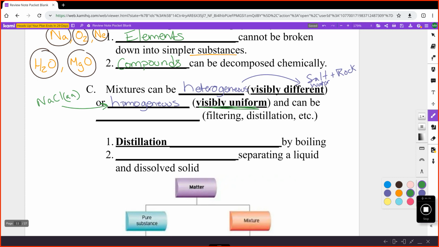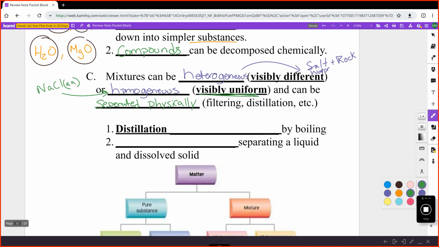And because these pieces of a mixture have not actually chemically bonded, we can separate them physically. They can be separated physically. And two of the main ways that New York State and the Regents go about this is talking distillation.